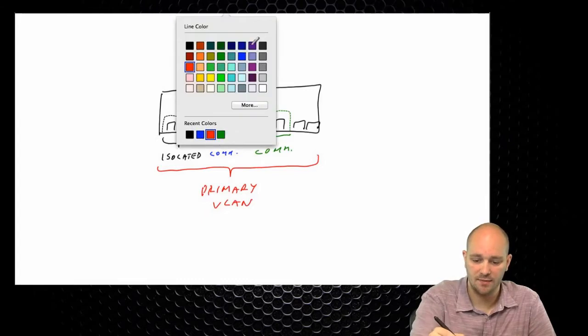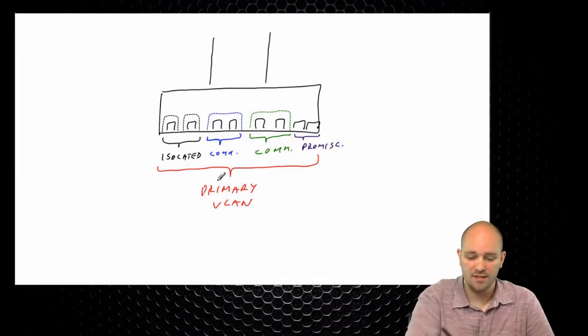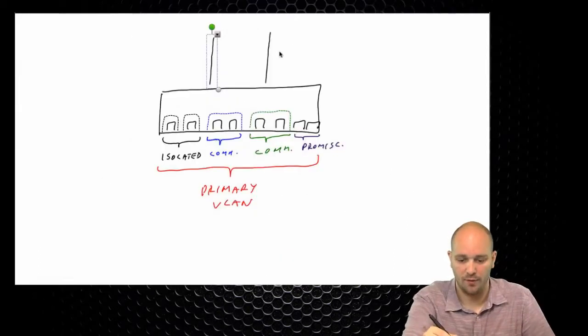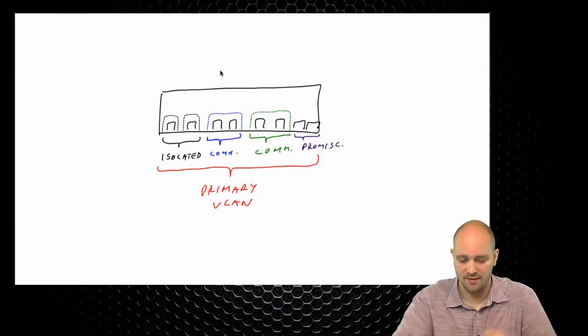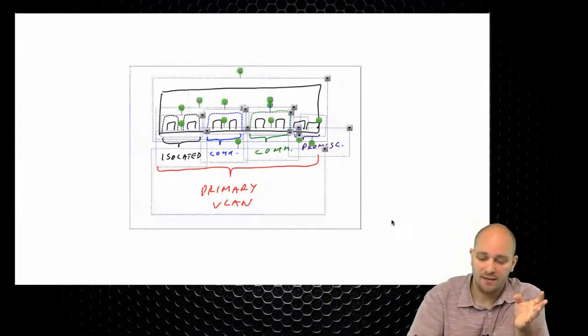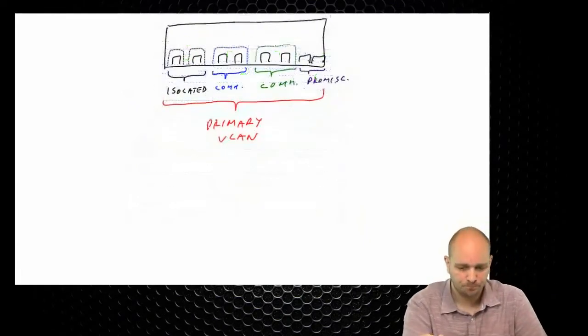And I can say that these ports here are promiscuous. Now, all these are part of the primary VLAN, and I won't be needing these two lines here.